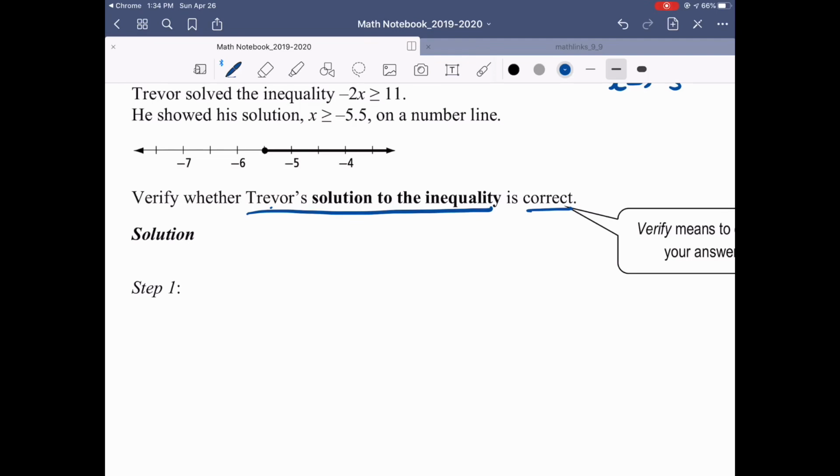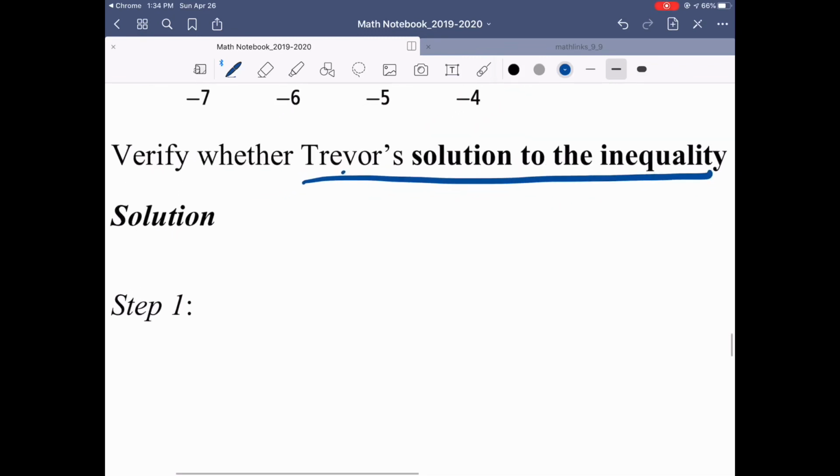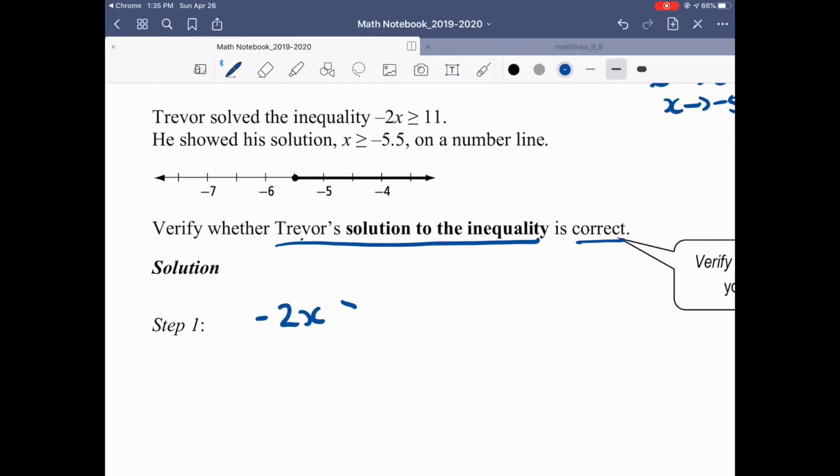So there are different ways that we can do this. The first is that we can actually solve it ourselves and check if his answer is correct. The second thing is that we can plug in numbers to do it. So the first thing I'm going to do is solve the inequality myself and check if it's correct. So -2x is greater than or equal to 11.